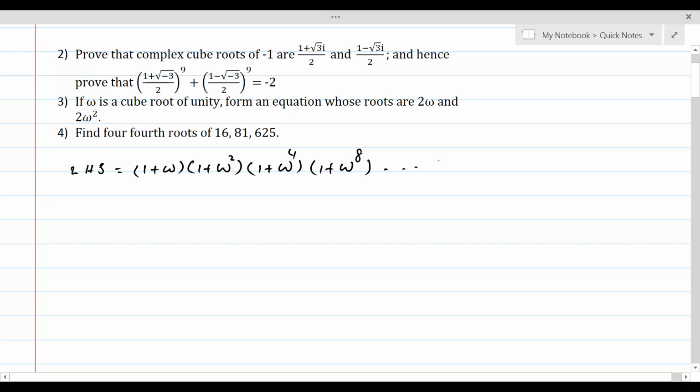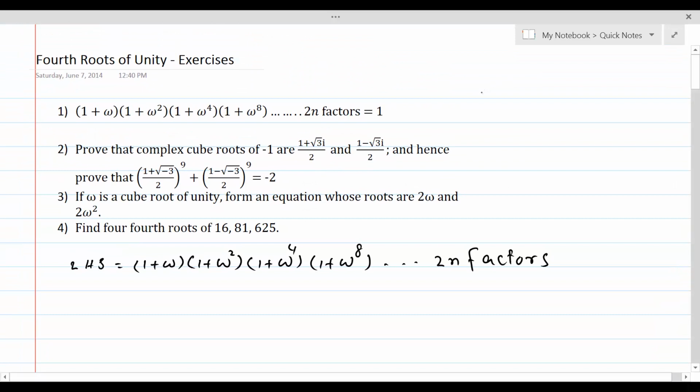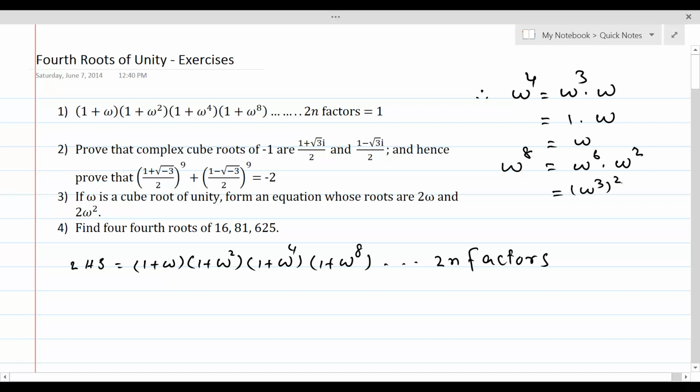8 times, and so on up to 2n factors. And since omega 4 is equal to omega cube times omega, and omega cube is 1, so this is equal to omega, and omega 8 is equal to omega 6 times omega square, which is omega cube power 2 times omega square, which is again equal to omega square.